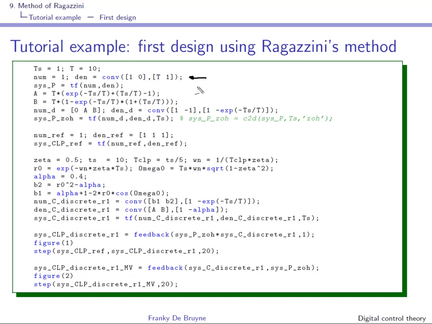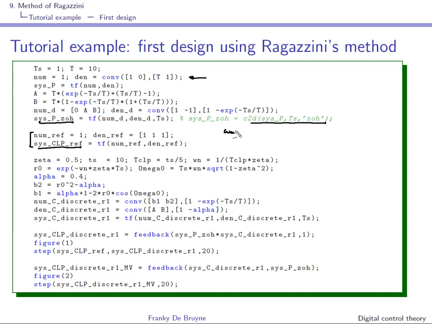Okay, so this is the process that we're tackling, and this is the zero order hold equivalent description. We could have used the command c2d, but here we have used our hand calculations. So what you see over here is the desired closed loop transfer function.